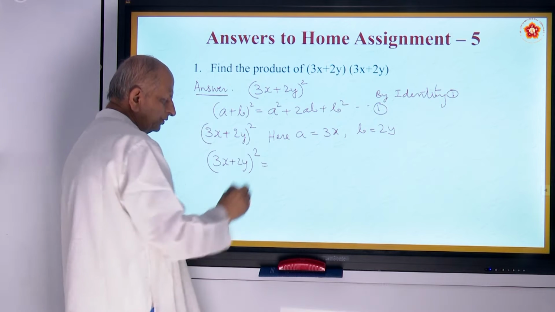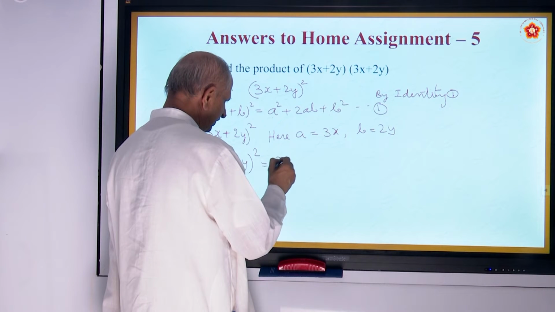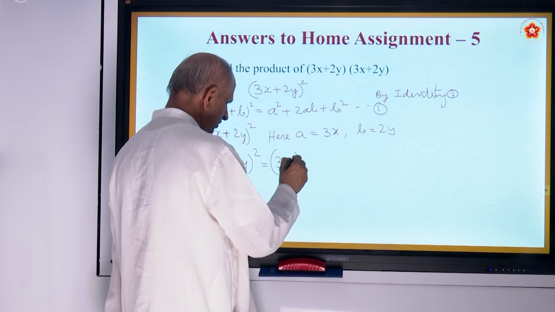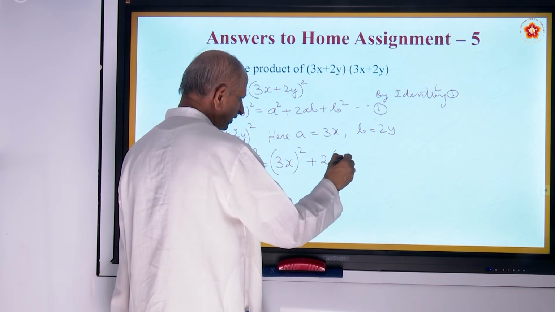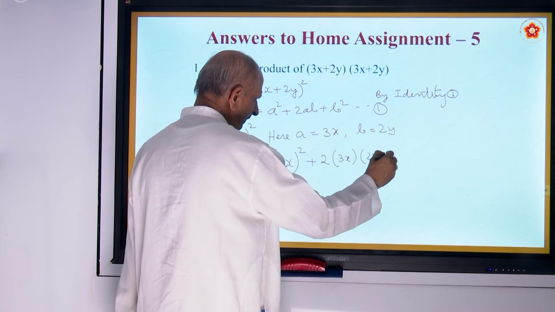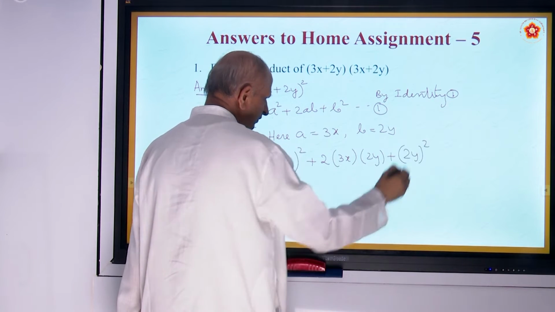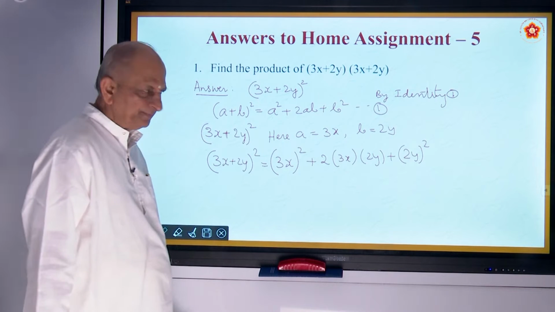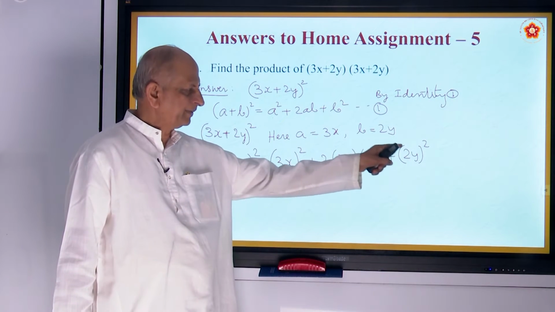What is it equal to? a square. What is a? 3x square, plus 2 into a into b, plus b square, 2y whole square. Understood? This is a square plus 2ab plus b square.